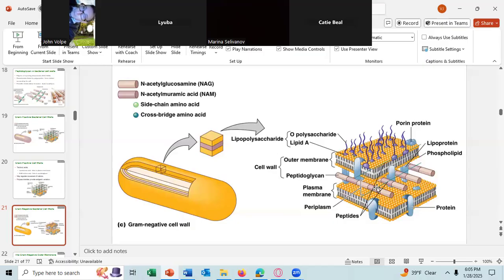Also in the outer membrane, we have molecules called porin protein. The porin protein acts as a channel to allow molecules the cell wants in the cell to come through the porin protein channel, go right through the peptidoglycan layer of the cell wall because it's water soluble, and then come to the cell membrane.